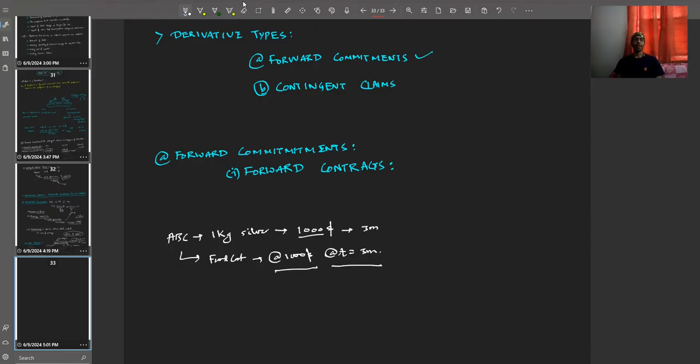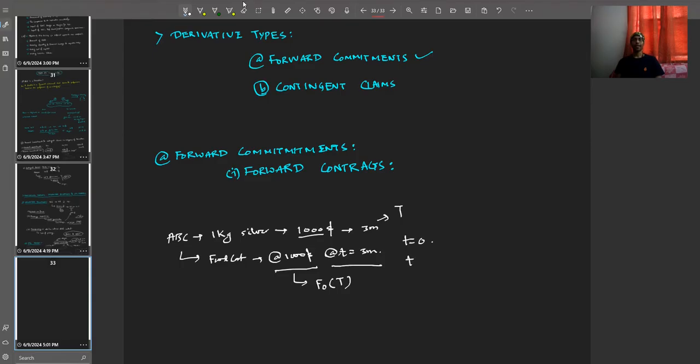Now this $1,000 can be symbolized as F0T. T is basically the maturity time, which is 3 months. Initiation time is T equal to 0.